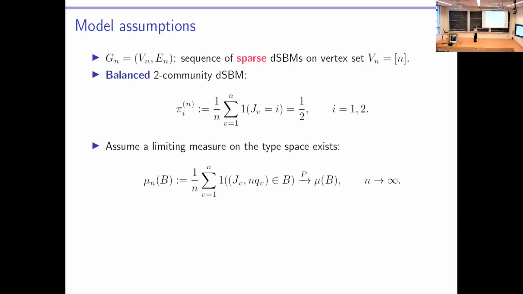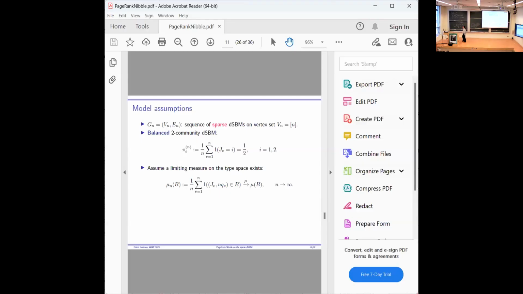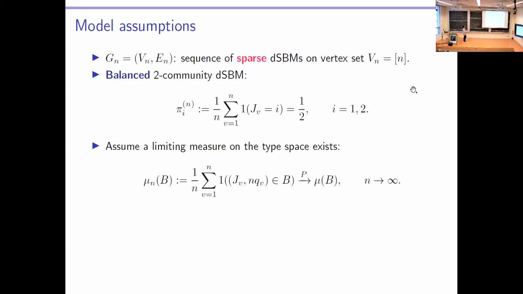The main assumption, which is going to be true for any graph that we use, even in a more general setting, is that we need the type distribution to converge. That's the standard assumption that we use for local weak convergence with marks, and that's the existence of some limiting distribution on the type space.